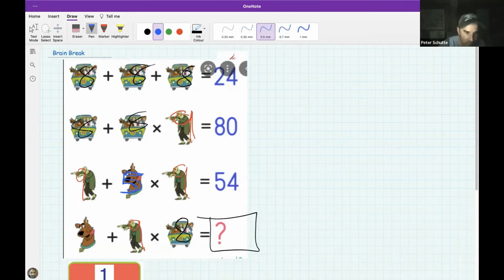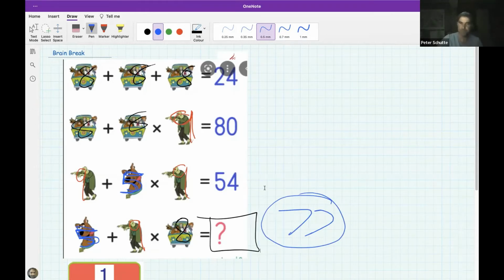Yes, I agree. Scooby-Doo is 5, so what's the final answer going to be? You guys have beat me to it. Yes, Mansoor. It's 77. Well done. Okay, so that was a good blast from the past.